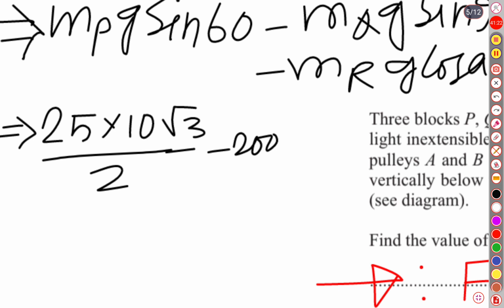Minus mass of particle R, which is m, and acceleration due to gravity is 10, so 10 cos alpha equal to 0.